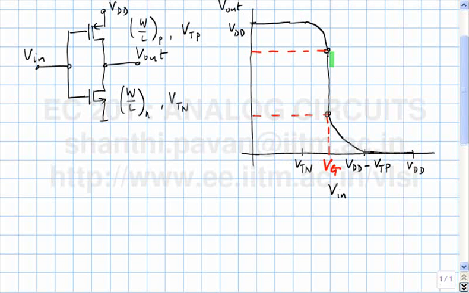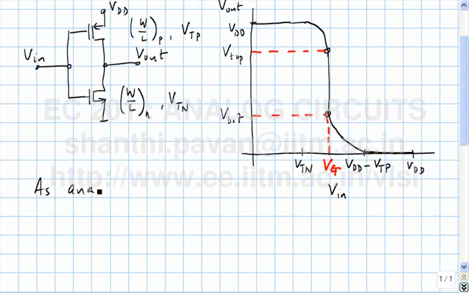Since we are primarily interested in this region, it makes sense to figure out what this VG is, and let me call this Vtop and this Vbottom. Since as analog designers we will be operating in this region, it makes sense to figure out the attributes of this region. So how will I figure out VG?